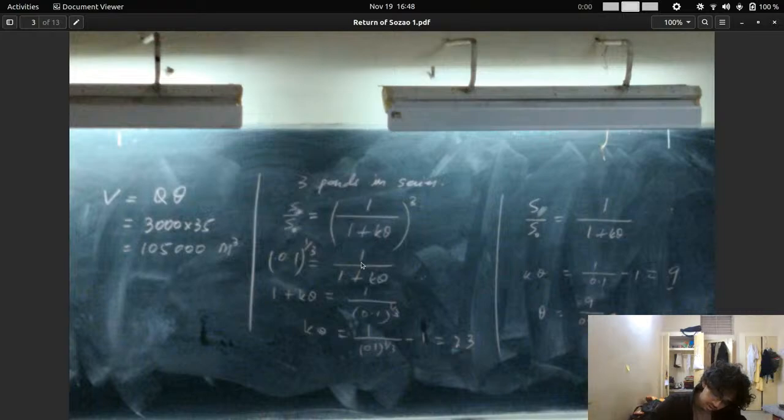Basically, S by S naught is 1 plus K theta.